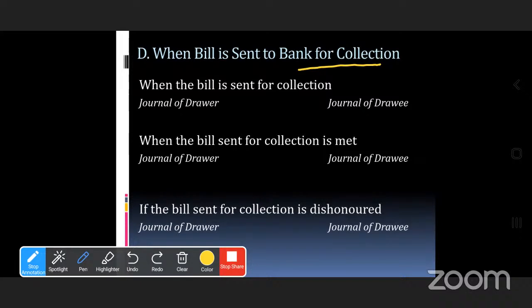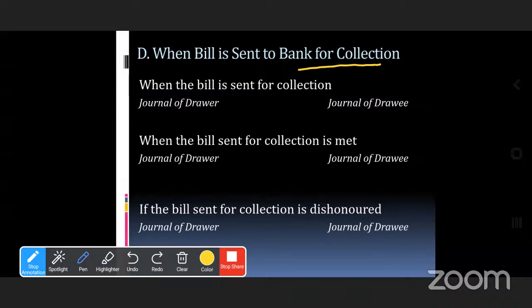Here it should be noted that the bank does not make a journal entry in its books of accounts in respect of the bill received for collection. It is just for safety, so the bank may not be preparing a journal entry in its books. However, the bank will be recording all particulars of the bill in the memorandum book.